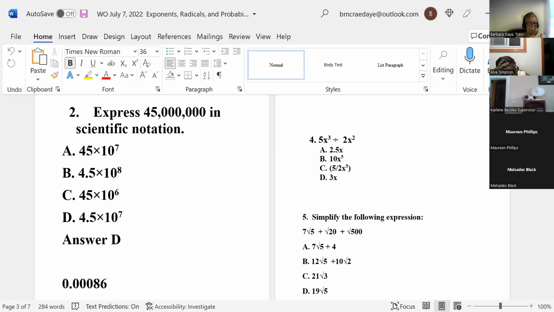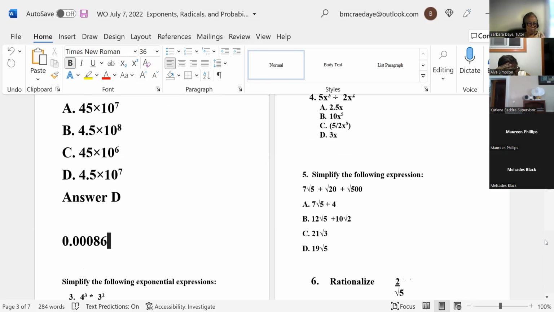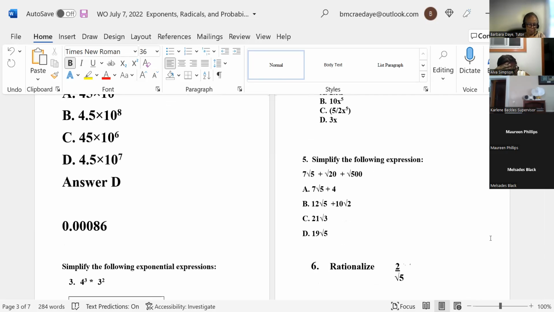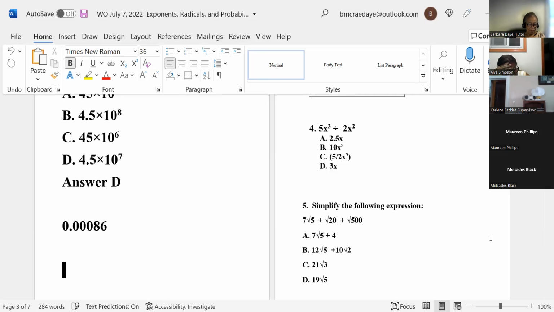Maureen, what would that number be in scientific notation? Maureen, are you there? Maureen? Did you hear me? No, I didn't hear you. What would this number be in scientific notation? What would that be equal to?